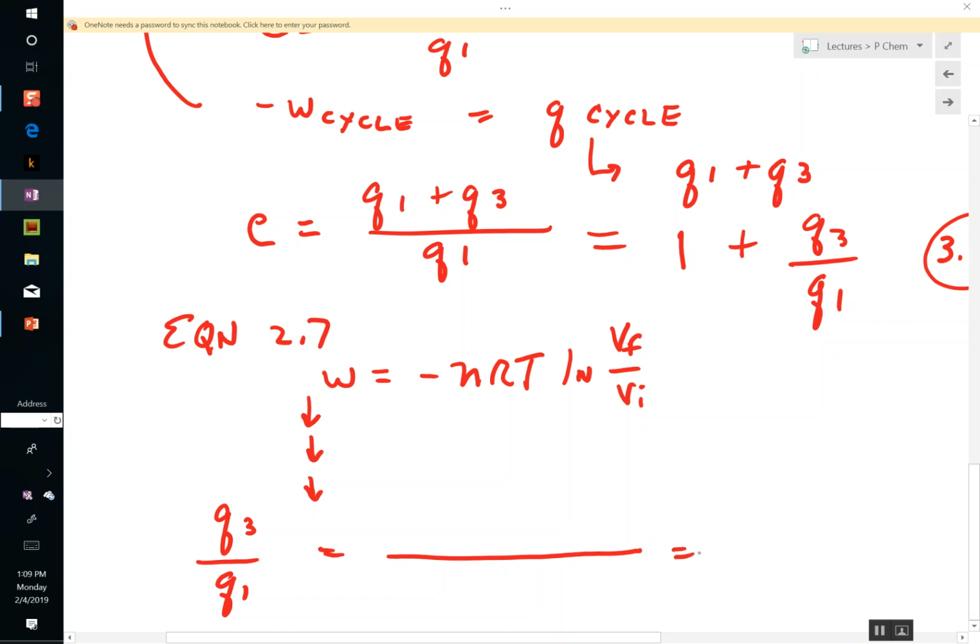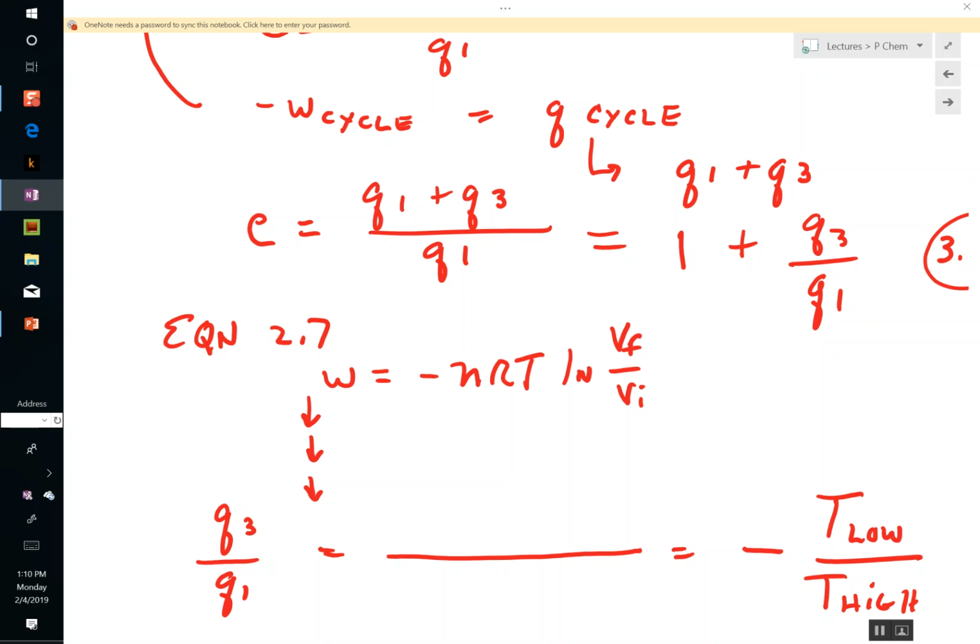You get an expression for the relationship between the Q3 in that Carnot cycle and the Q1 in the Carnot cycle that is simply the ratio of the low temperature reservoir divided by the high temperature reservoir.